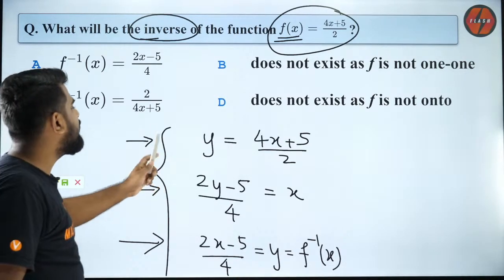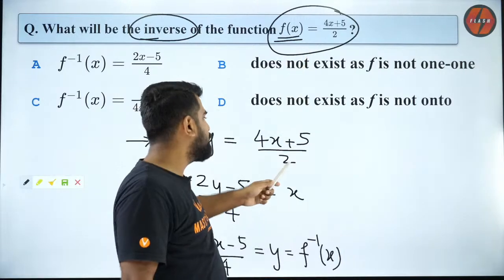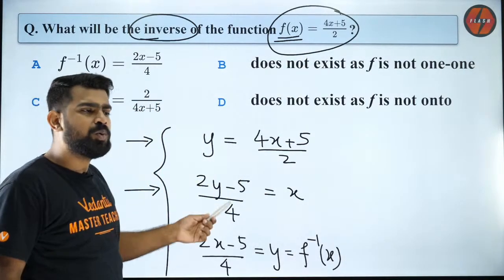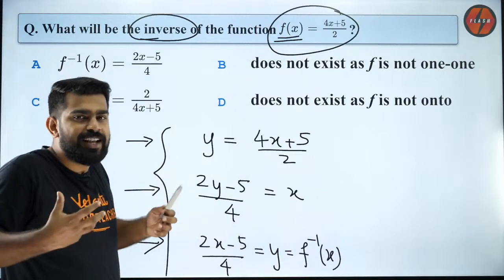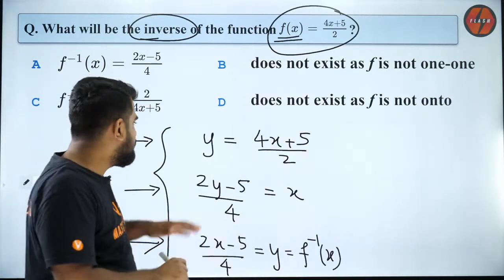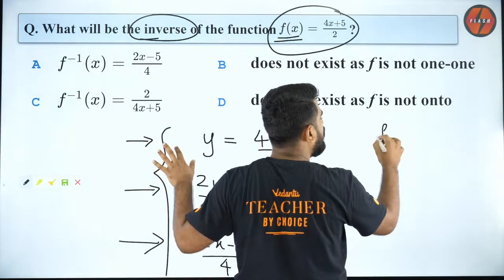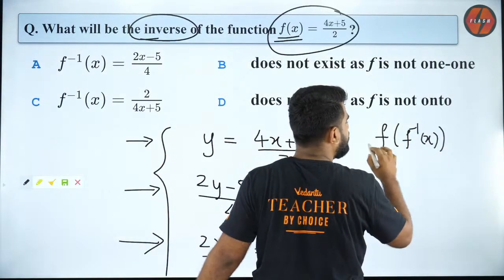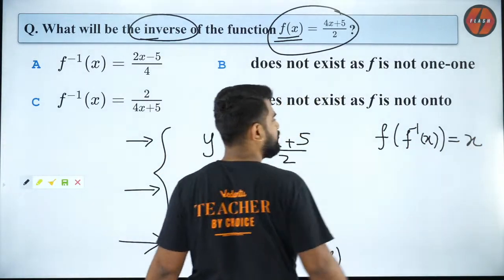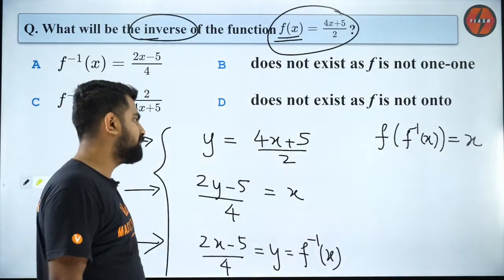First, write it as y equal to 4x plus 5 by 2. So for those who are in 11th standard, if you want to understand and experience what is inverse, try to do f of f inverse of x. You will understand what is inverse. This is always equal to x. Just try it out, you will understand it.